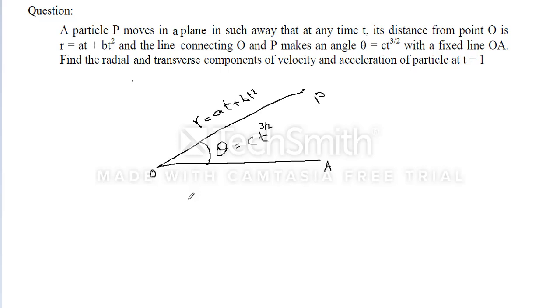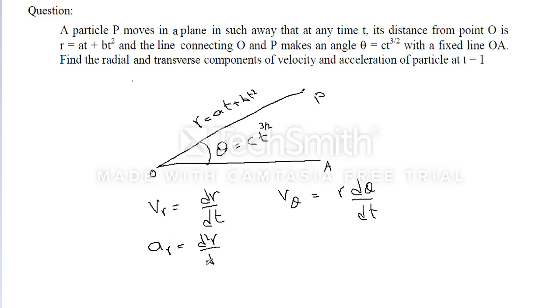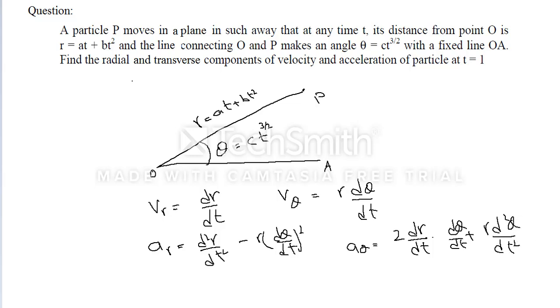equal to 1. As we know that the radial component of velocity Vr is equal to dr by dt, and the transverse component of velocity is equal to r d theta by dt, whereas the radial component of acceleration is equal to d square r over dt square minus r into (d theta by dt) square, whereas the transverse component of acceleration is 2 dr by dt and d theta by dt plus r d square theta over dt square.